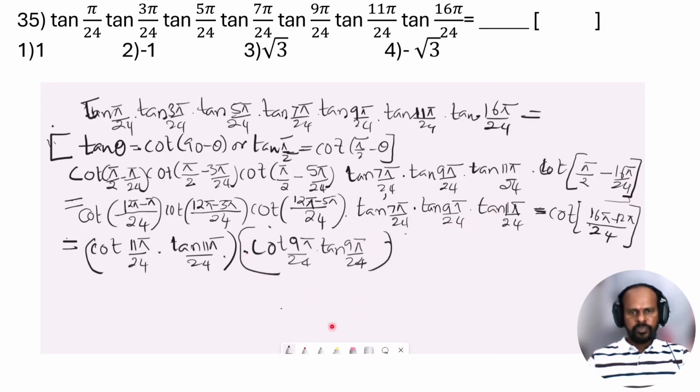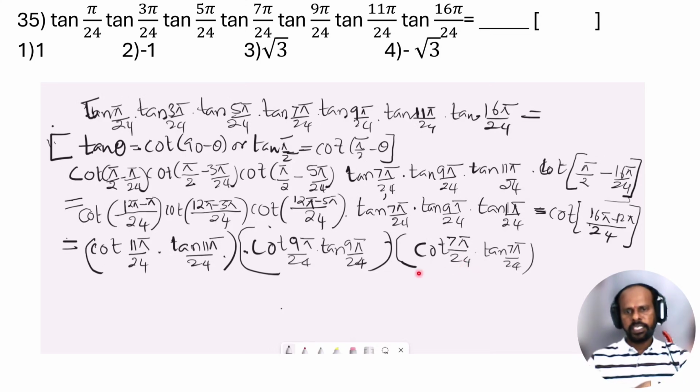Next in the same way, cot 12 minus 5, that is 7 pi by 24, that is written here. And 7 pi by 24, writing one more pair as a third term, and this can be written as 16 minus 12, minus cot 4 pi by 24.